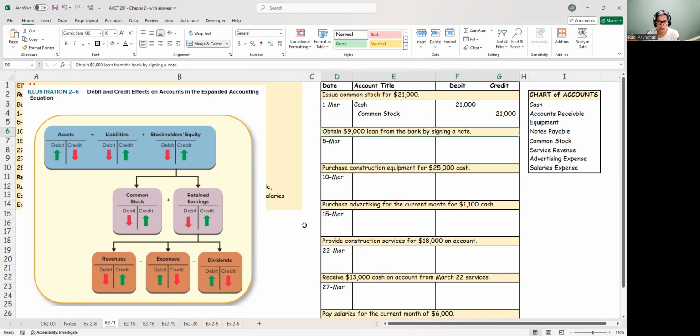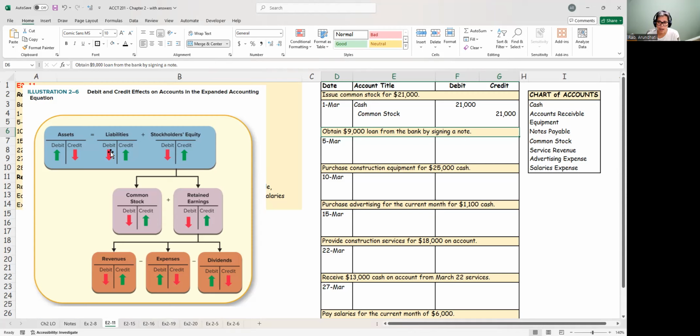The next transaction, I'm told that I obtained $9,000. The word obtained simply means I got $9,000 from the bank by signing a note. When the bank gives me money, they obviously expect that I'm going to return the money with interest. So for now, when they say I signed a note, it means I have agreed to repay.